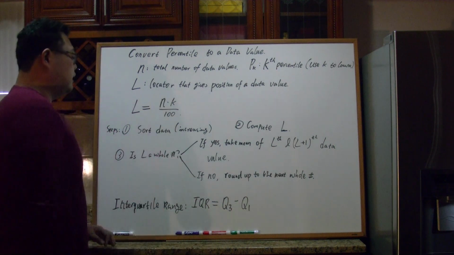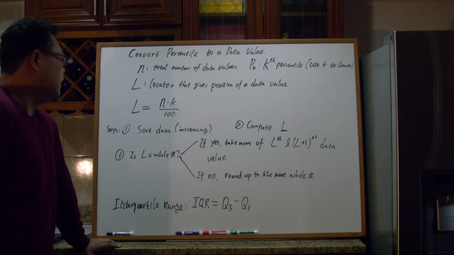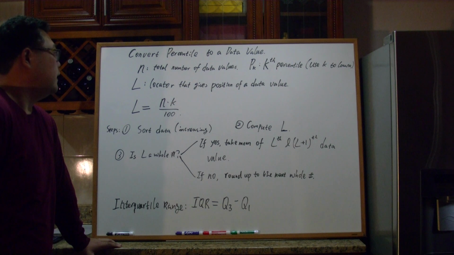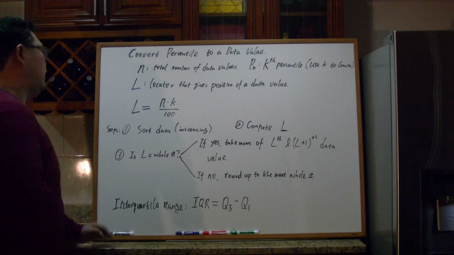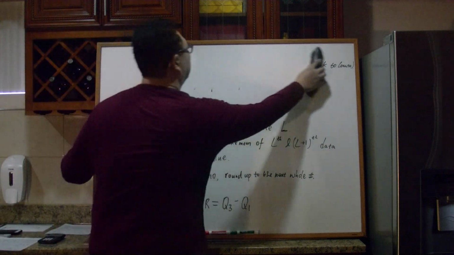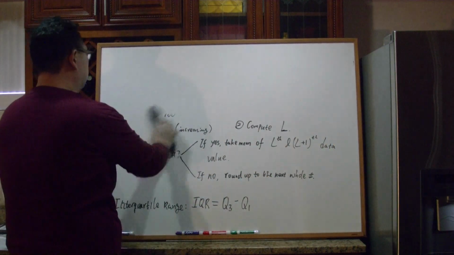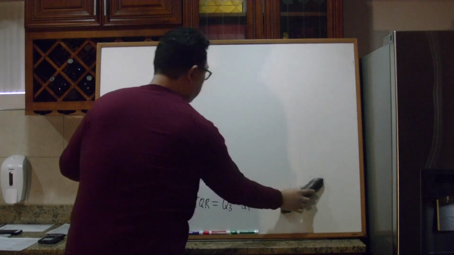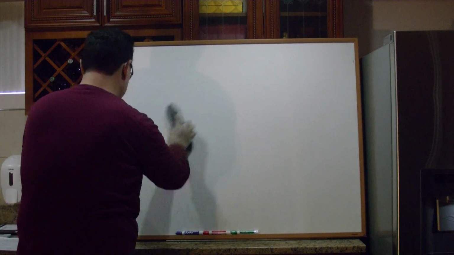But that is how we convert percentile to the data value. And what we do with them is use something called a Box-Whisker Plot to graph our data set.